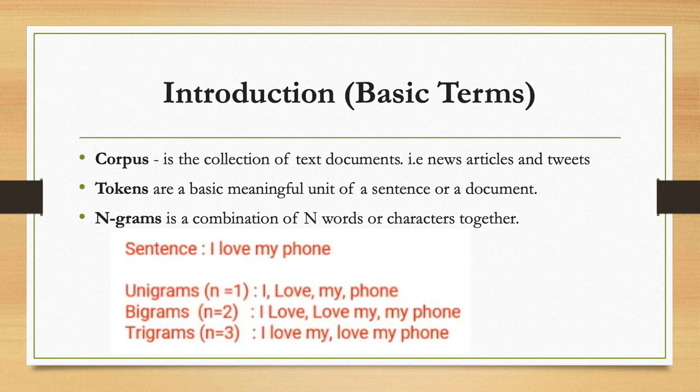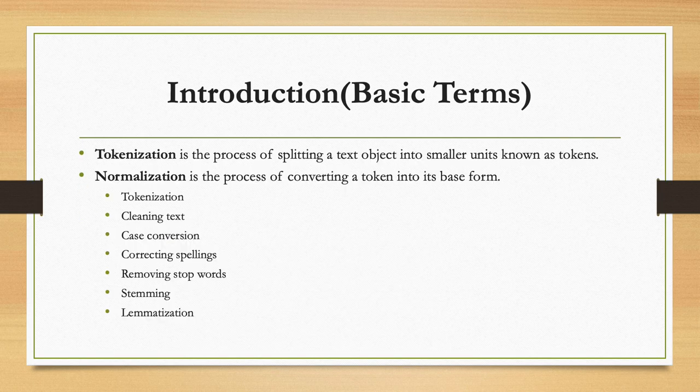When we talk about bigrams, wherein n is equal to 2, we mean a combination of two words such as I love, love my, and my phone. And the last is what we call trigrams, wherein n is equal to 3. Those are a combination of three words, so you have I love my, and love my phone. Those are some of the basic terms that we'll be using for our lecture today.